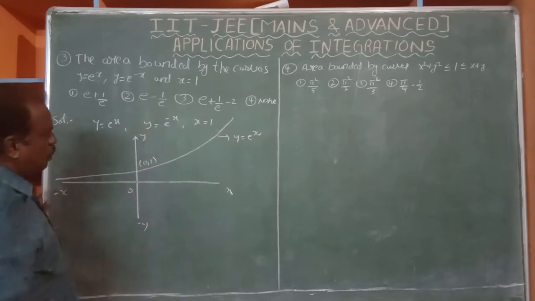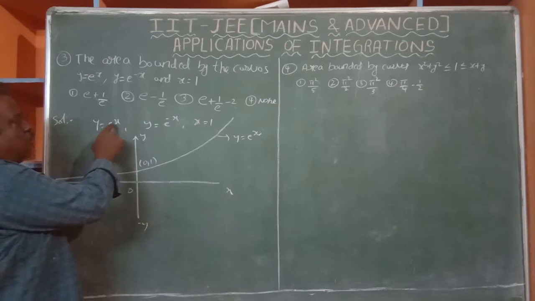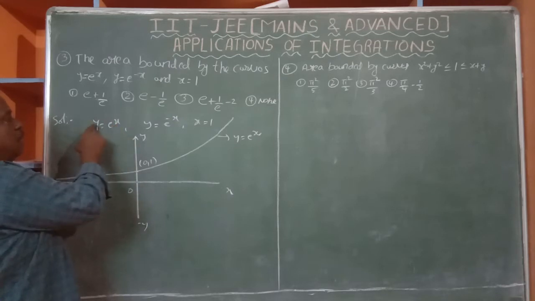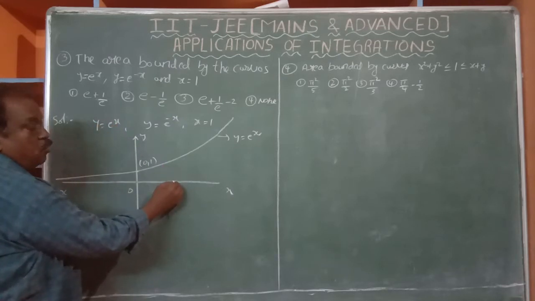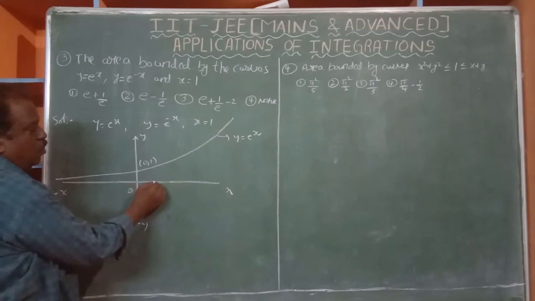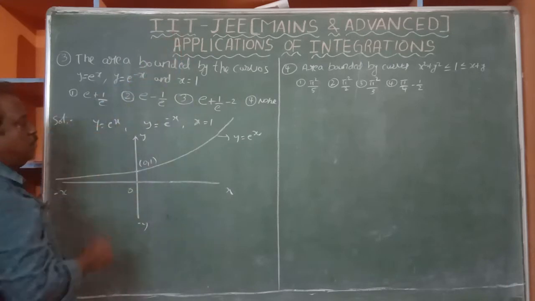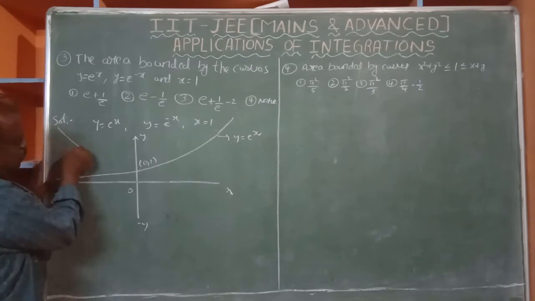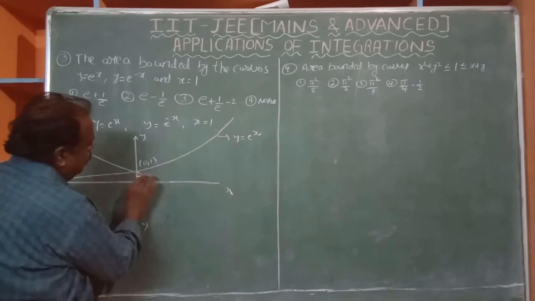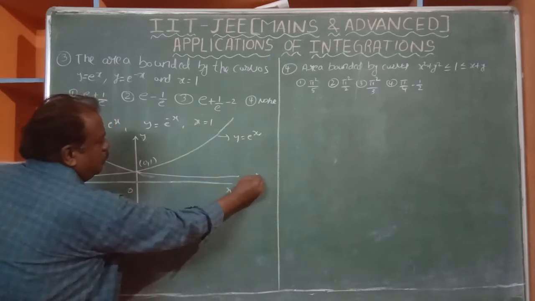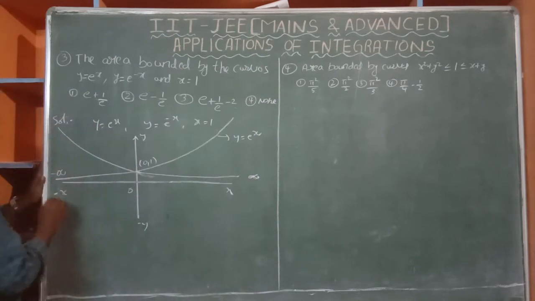Similarly, when x is equal to 1, y is e power 1, that is e, about 2.7. So it keeps increasing. Whereas e power minus x comes here and goes to infinity. Okay, now this is plus infinity and this is minus infinity.